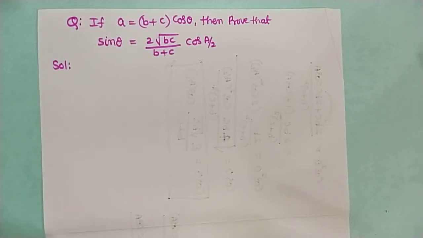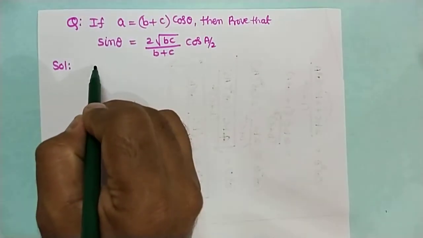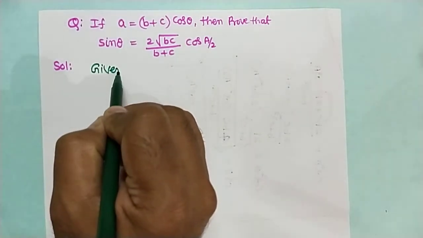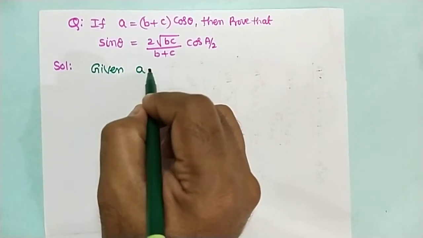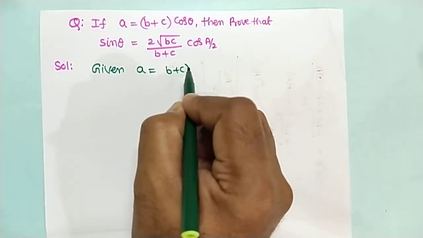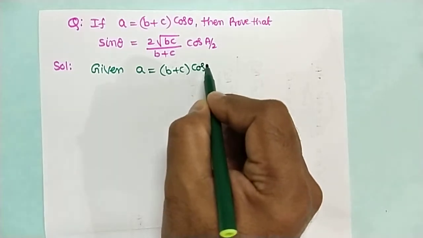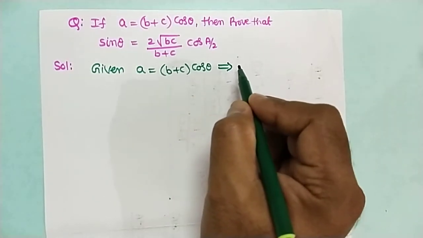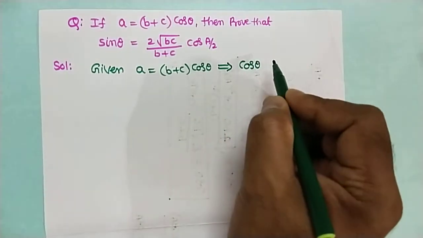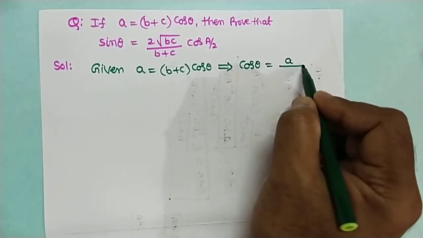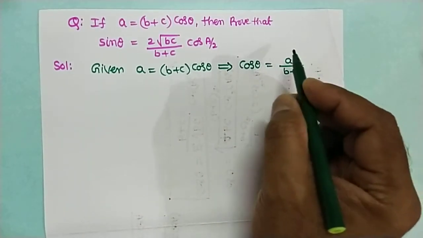So what is first given? Given a equal to b plus c into cos theta. From that, make cos theta the subject. So cos theta equal to a by b plus c.